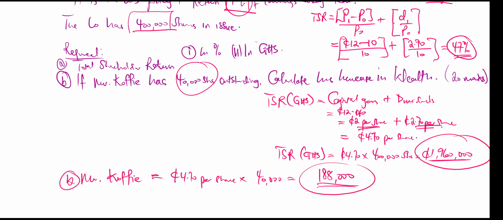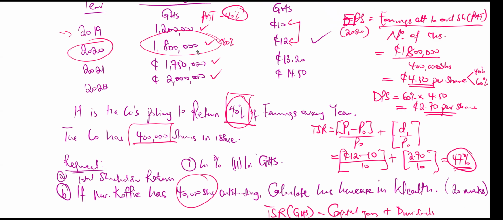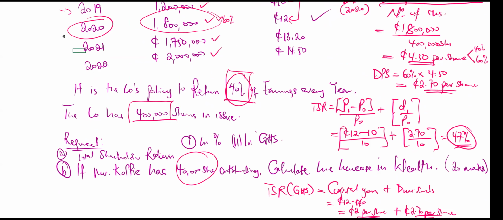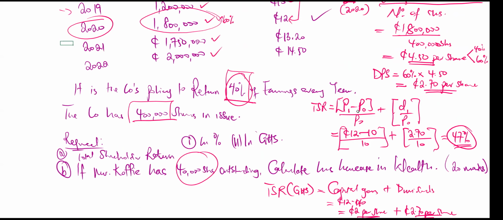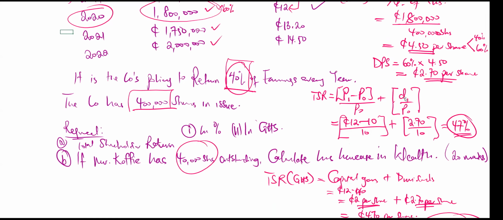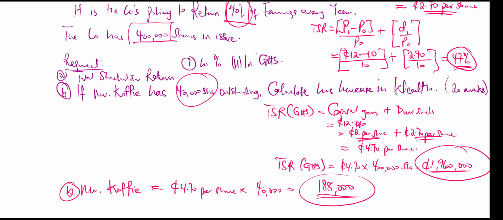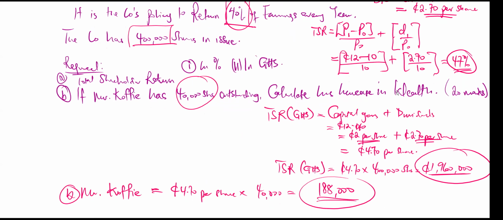Was this concept difficult? You can practice all the years. So 2021 will be this minus 2020, 2022 will be this minus 2021, right? Then you do it. I hope it's clear. Have we understood maximizing shareholder wealth? This is the primary financial objective of every company.